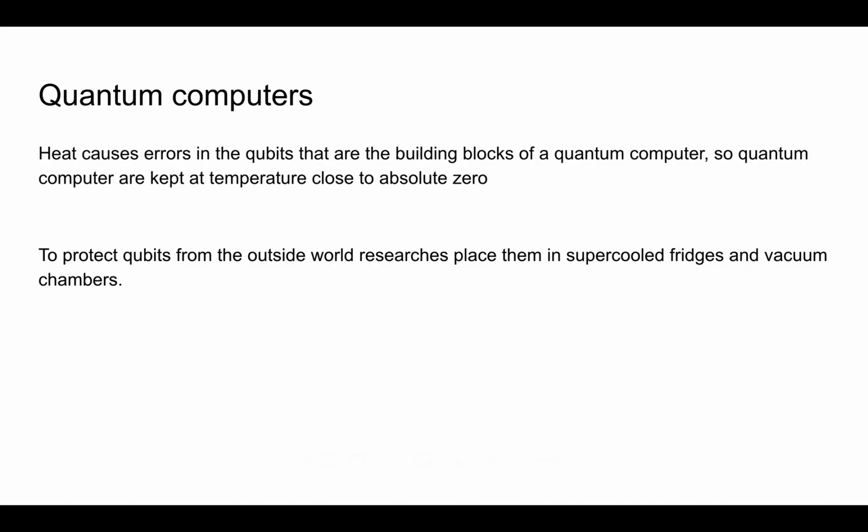So they need to be kept at as low a temperature as possible, and that's why they are put inside supercooled fridges to prevent decoherence effects, which can affect the superposition. It can cause qubits to tumble out of superposition. And since quantum algorithms rely heavily on quantum superposition, the decoherence effect should be prevented or minimized.